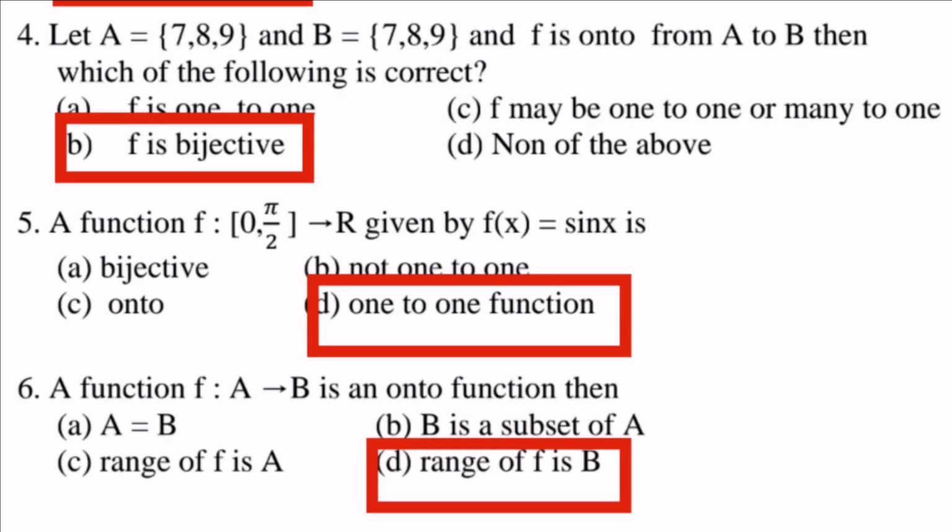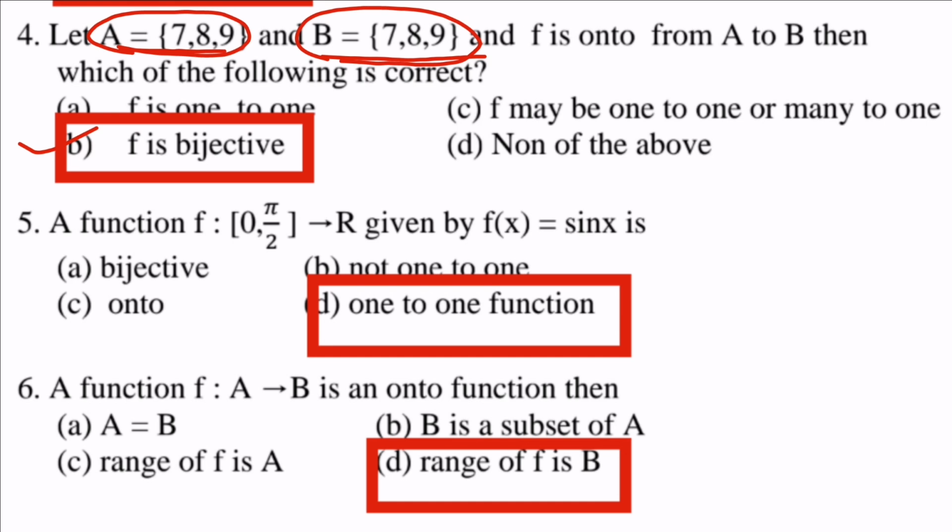MCQs 4. Let A is equal to {7, 8, 9} and B is again {7, 8, 9} and f is onto from A to B, then which of the following is correct? If both sets are equal and the function is 1-1 or onto, then the function must be bijective.